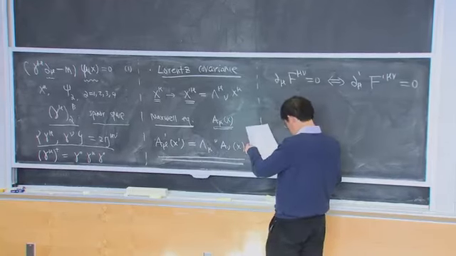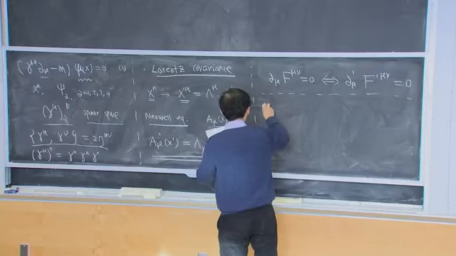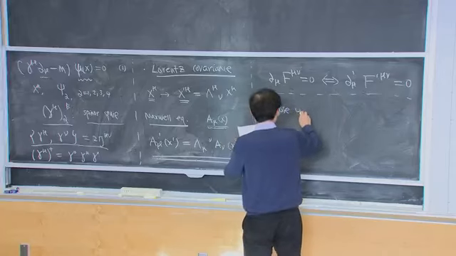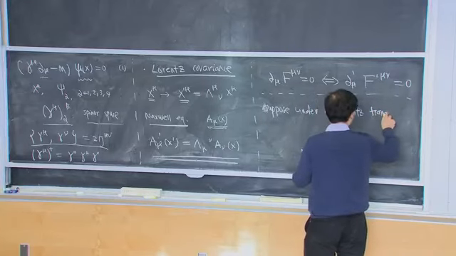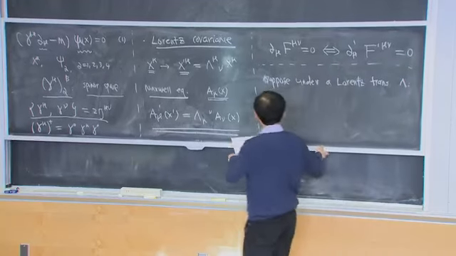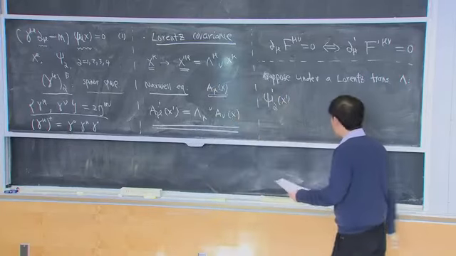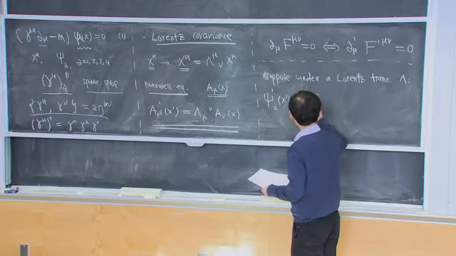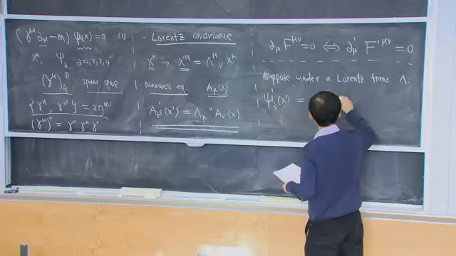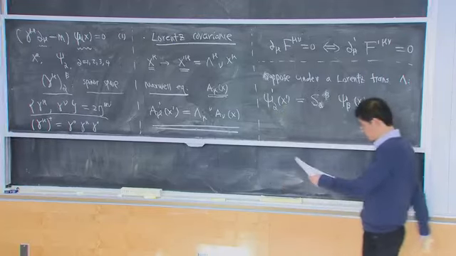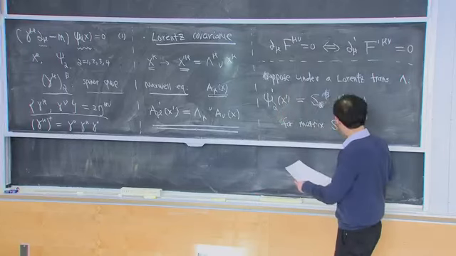Suppose that under a Lorentz transformation Λ, ψ transforms as follows: ψ'_α(x'), because again you evaluate in the new frame at the new position, equals a superposition, since it carries an index, so you can mix components in the internal space, for some matrix S which depends on Λ.